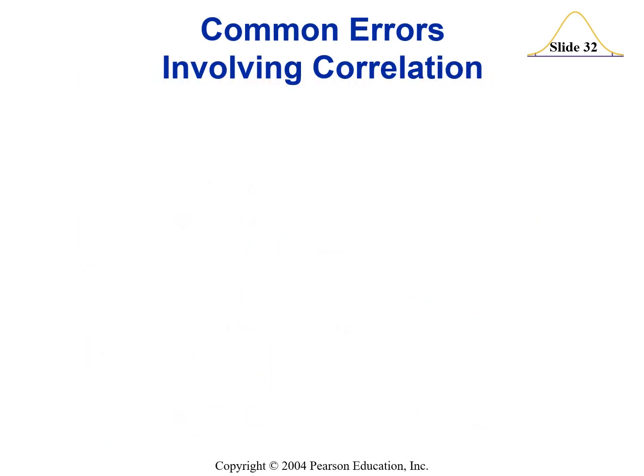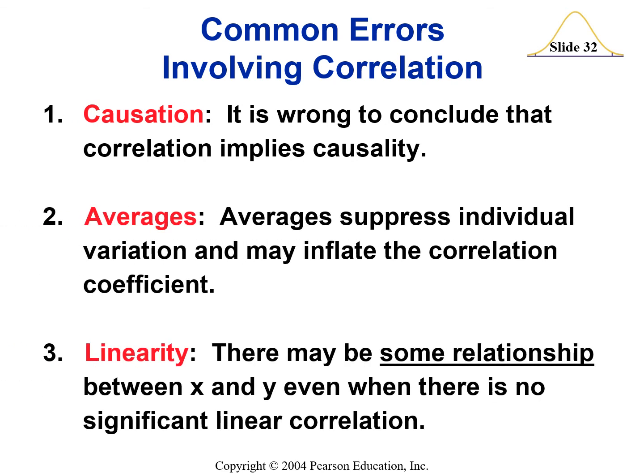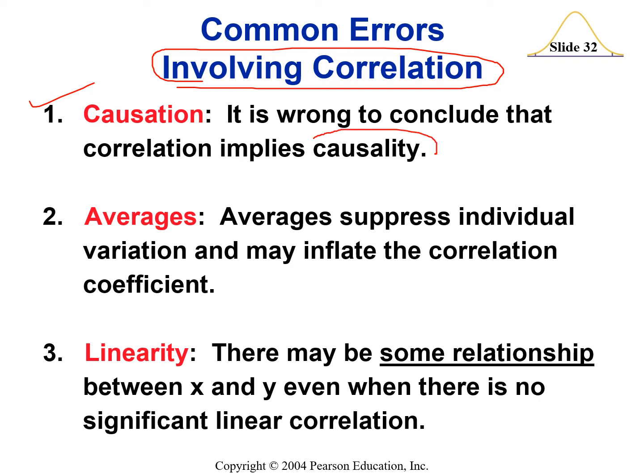Here we have an important point about common errors related to correlation. Number one, causation. It is wrong to conclude that correlation implies causality. This is important: correlation does not mean causality.